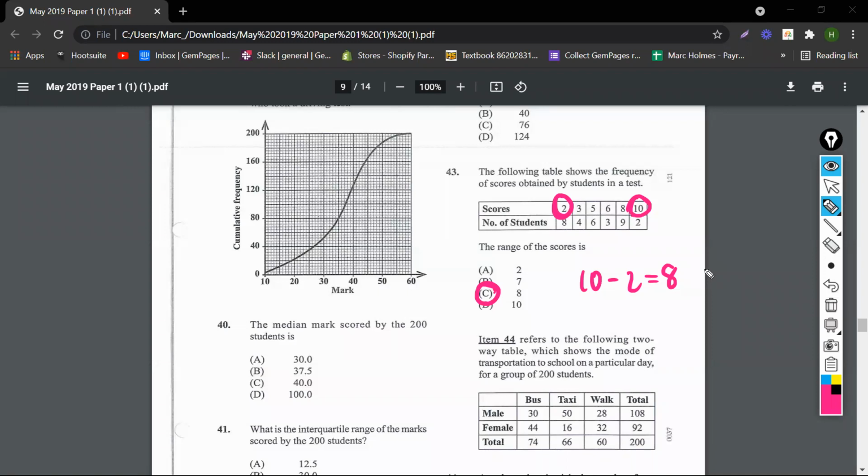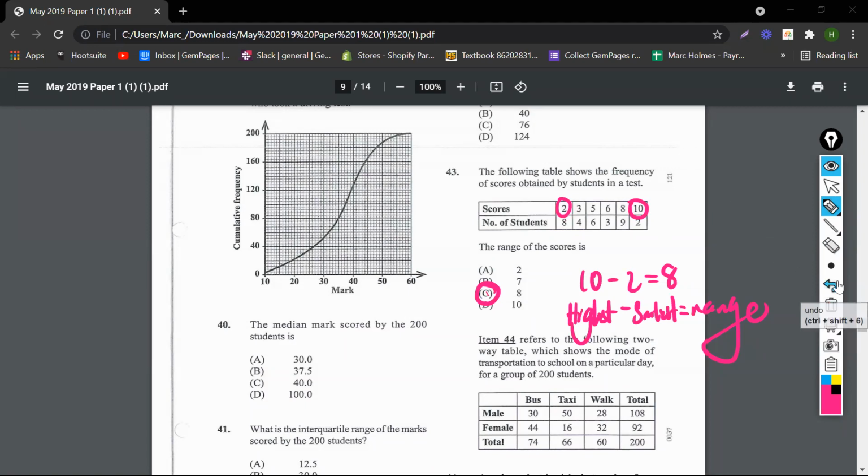So that wasn't too bad, guys. But just remember that the range is the highest minus the smallest score. In this case, the highest is 10, the lowest is 2, so 8 is the range. Easy.